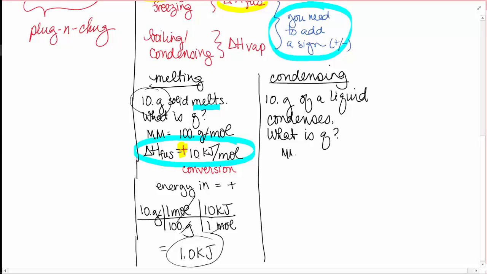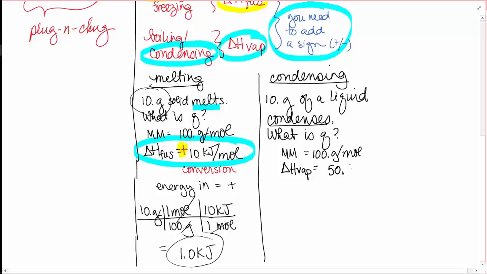Once again, I'm going to tell you that the molar mass of my substance happens to be 100 grams per mole. But this time it's condensing. So with condensing, I use heat of vaporization. I look up on a table somewhere the heat of vaporization of this substance, and the table reads 50 kilojoules per mole. But remember, I need to add a sign.